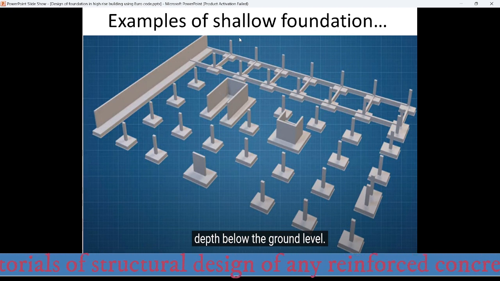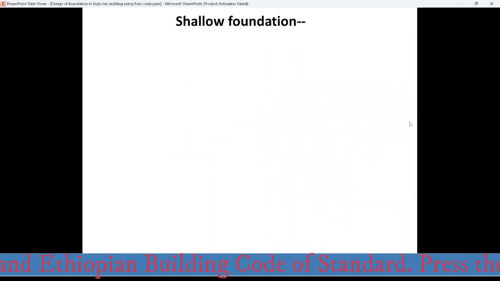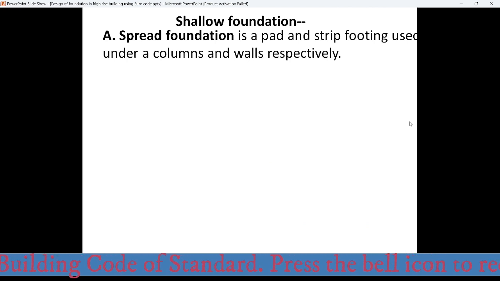Simply, this figure lists the shallow foundations in three-dimensional configuration. The first kind of shallow foundation is the spread foundation, which is a pad and a strip footing used under columns and walls respectively.